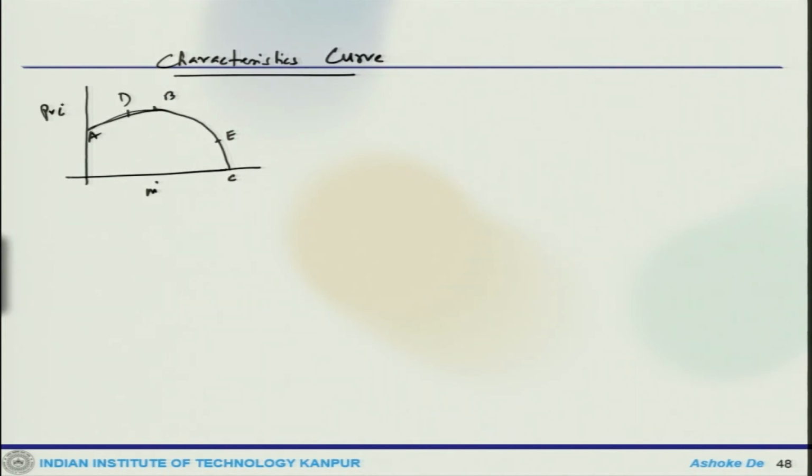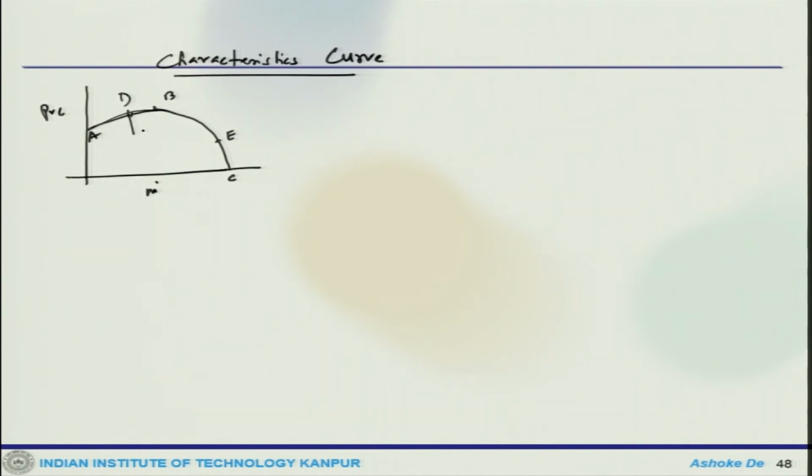When you come back to that, we are considering operation at a certain point. So, let us say this is how this should go. This is C, somewhere E, B, point A, D, and this is PRC.